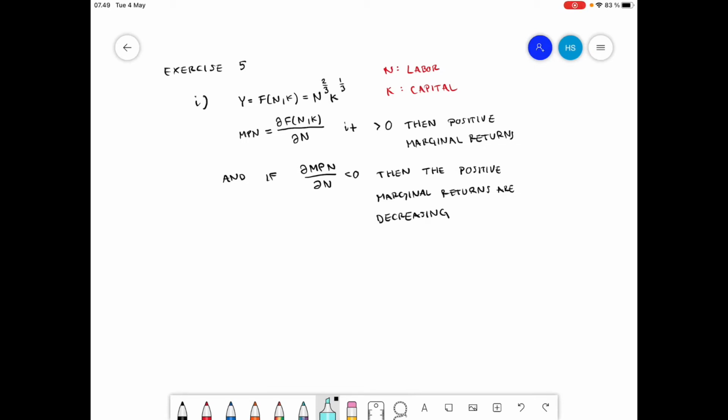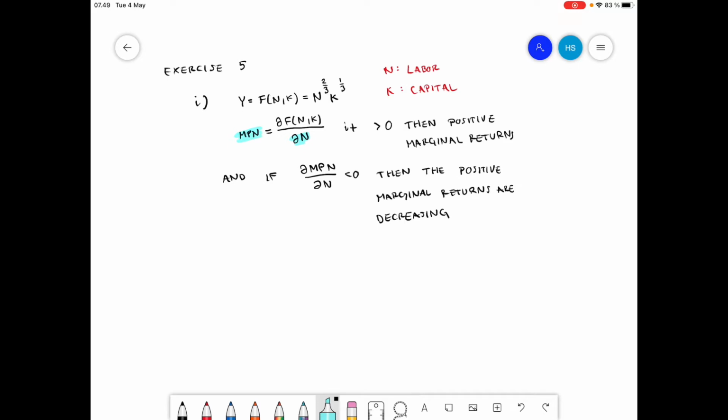For the production function to exhibit positive and decreasing marginal returns to labor, we need to have that the first order condition with respect to labor n is greater than 0. So what does it mean?